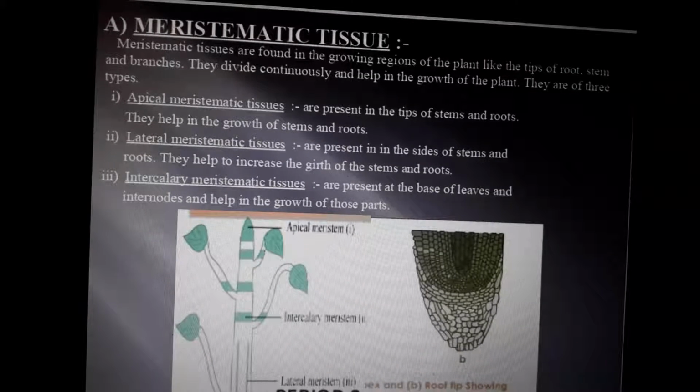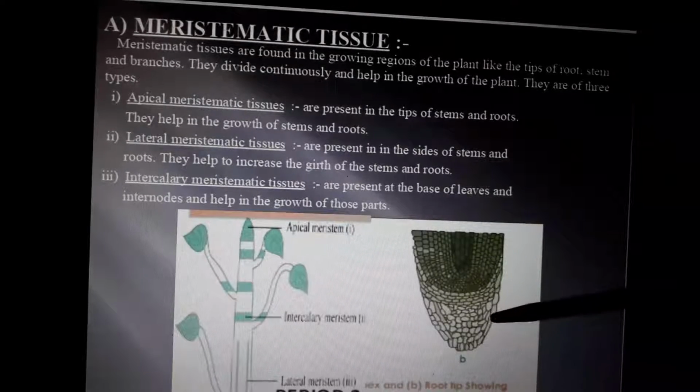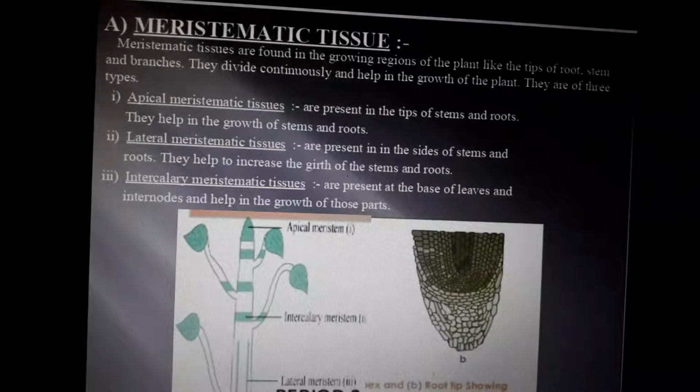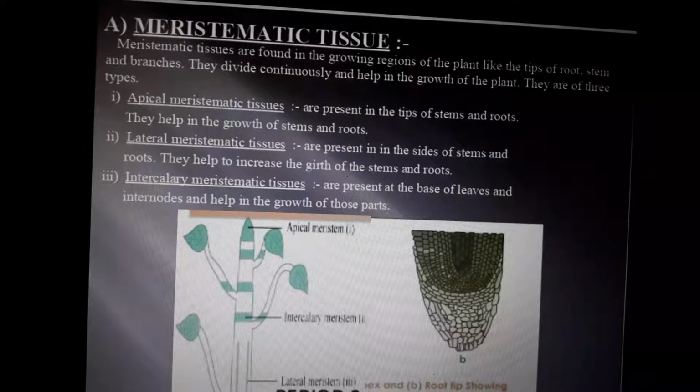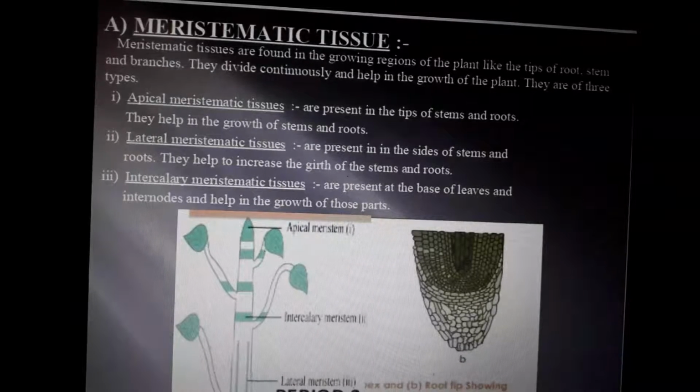Meristematic tissues you already know. This is also the tip of the root side. That we do not want to discuss. So what is this meristematic tissue actually? Meristematic tissues are found in the growing regions of the plant like the tip of the root, stem and branches. They divide continuously and help in the growth of the plant.